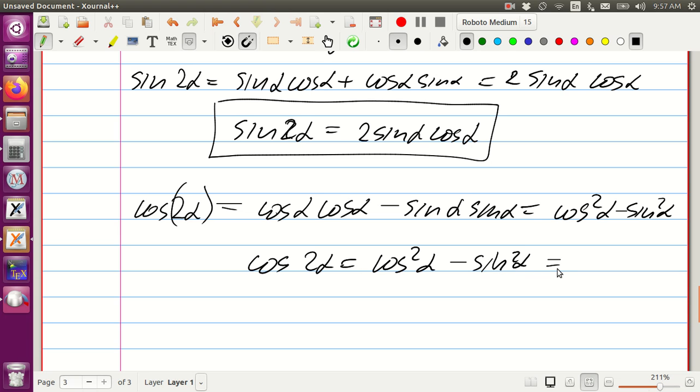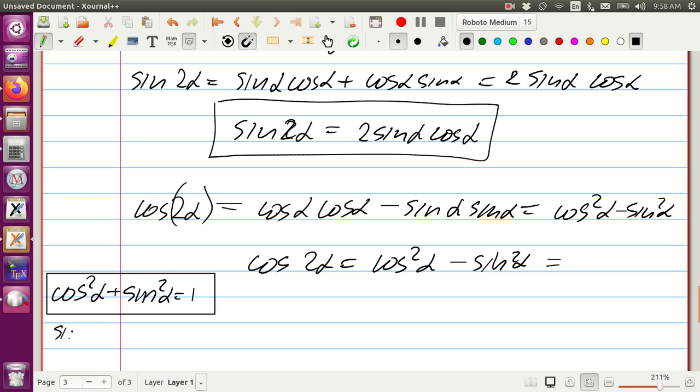Unfortunately, it's not the end for this formula. So let's think about our first identity that we covered today, the most important identity, which is cosine squared plus sine squared is equal to 1. What you can do, you can solve, for example, for sine squared.